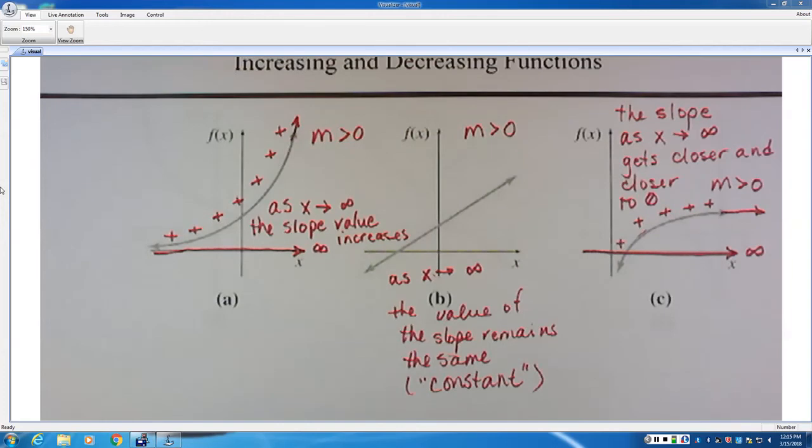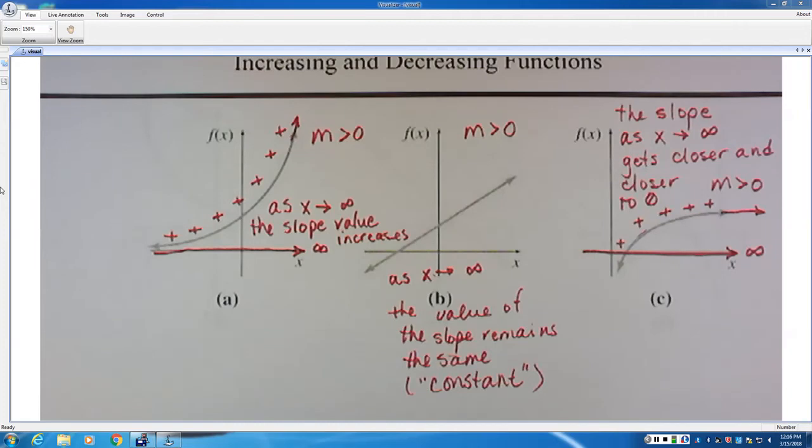Remember, we're not talking about the value of the function. Okay, we're not talking about the value of the function and what it puts out. What we're saying is that as x increases, the next value doesn't go up much higher than the last value. So we're talking about the rate of change approaching 0, not that the function itself approaches 0.